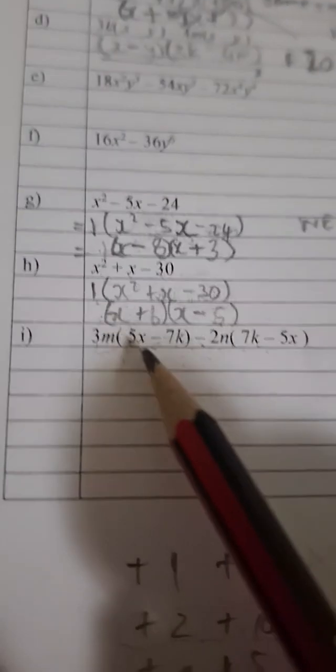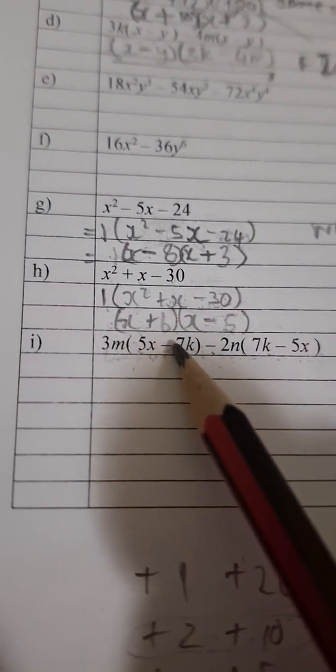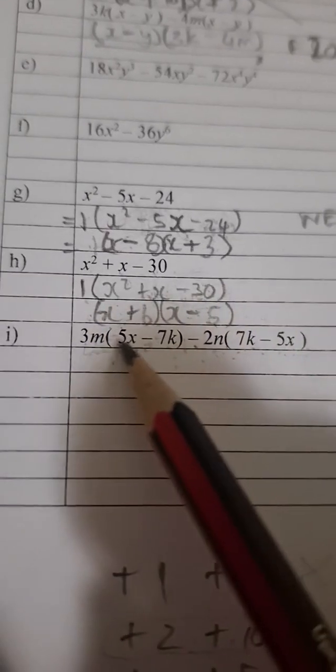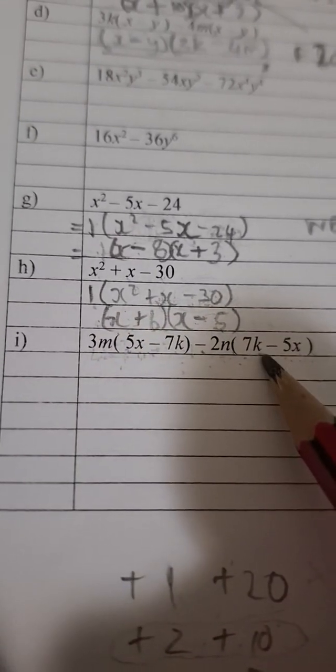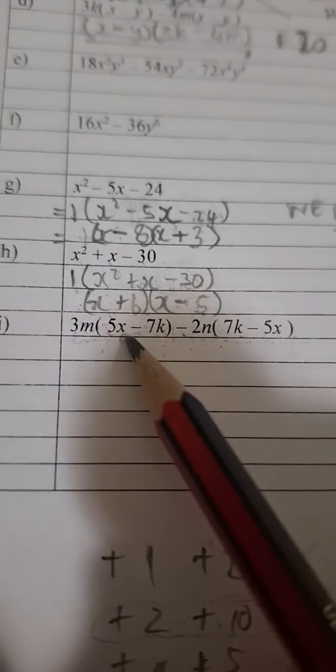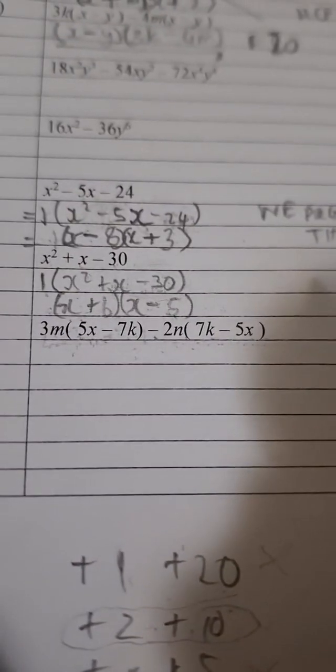But look at this. This is 5x minus 7k, whereas this is 7k minus 5x. If we were to change the order of the terms, we would have a common bracket. So easy for us to have.